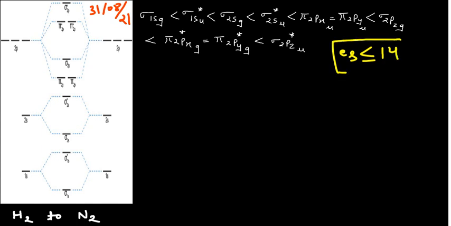Okay, and in this range you may include systems from hydrogen to nitrogen: hydrogen, helium, lithium, beryllium, boron, carbon, nitrogen. So from hydrogen to nitrogen, this diagram will follow.